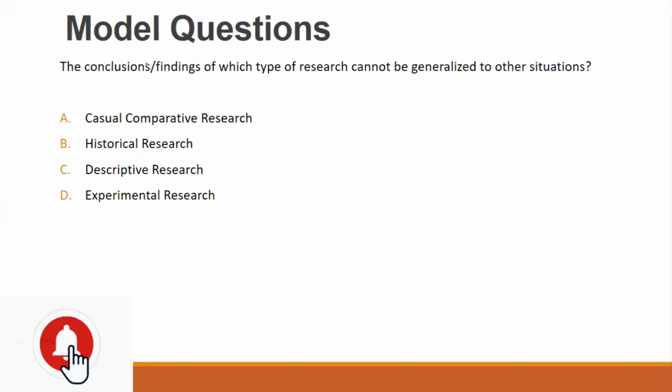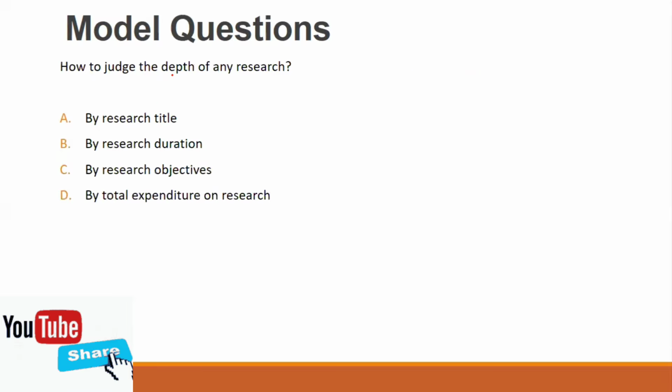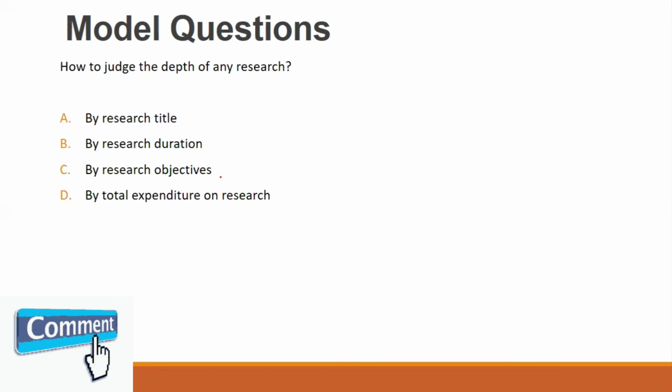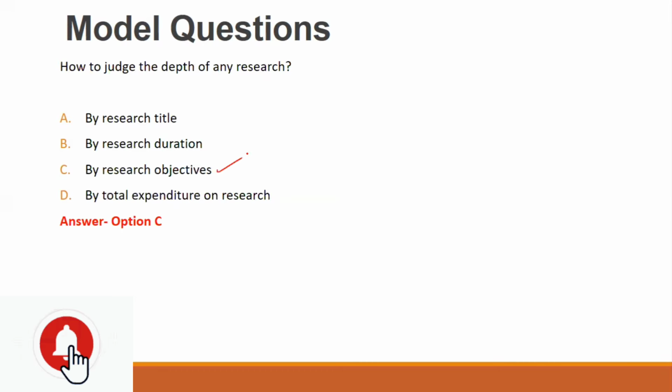Then, conclusion or findings of which type of research cannot be generalized to other situations? So, the answer is historical research. Then how to judge the depth of any research? The depth of any research can be judged by research objectives.